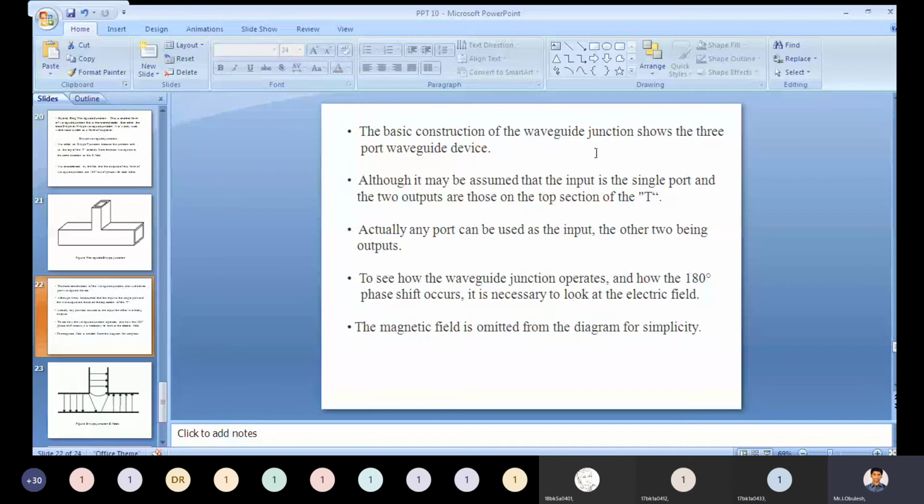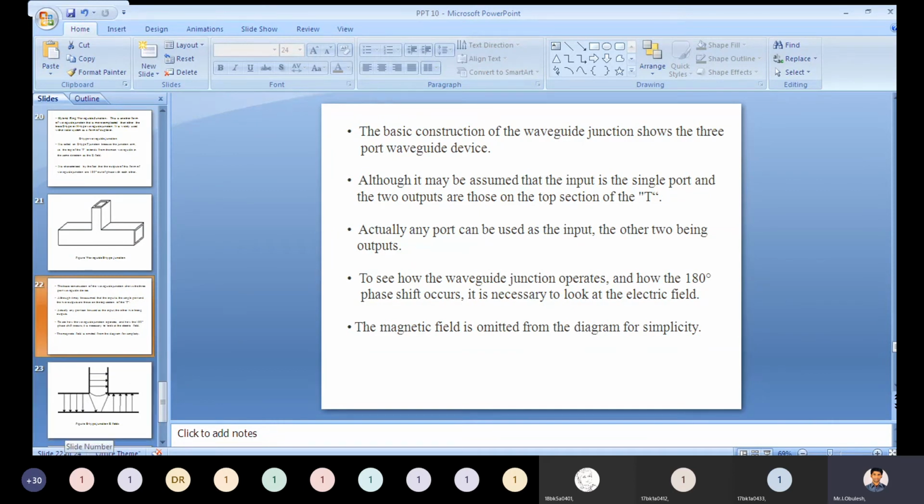Although it may be assumed that the input is the single port, and the two outputs are those on the top section of the T. This is the input port, and the remaining two, those on the top section of the T, are our output ports.